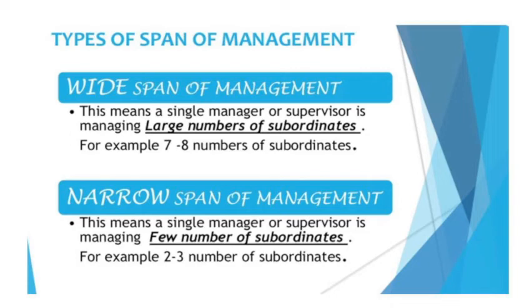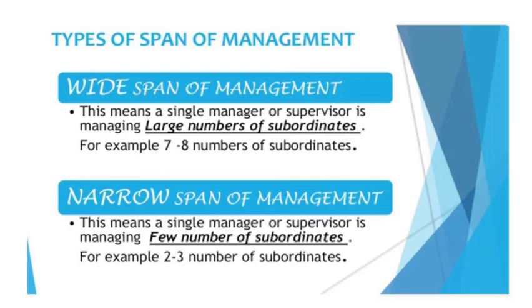Then coming to the narrow span of management. This means a single manager or supervisor is managing a few subordinates. Very few subordinates are allotted to the supervisor, maybe 2 or 3.